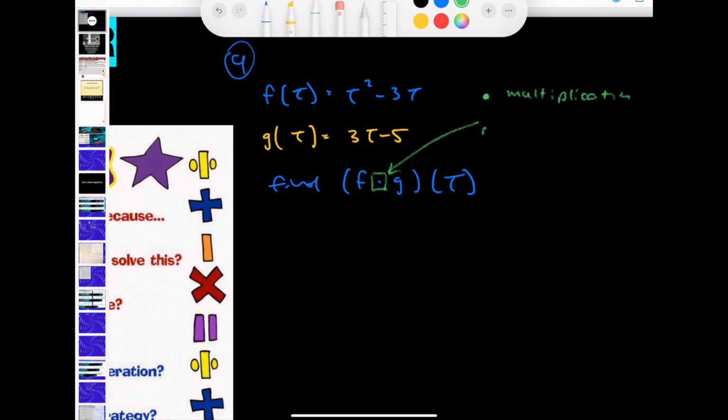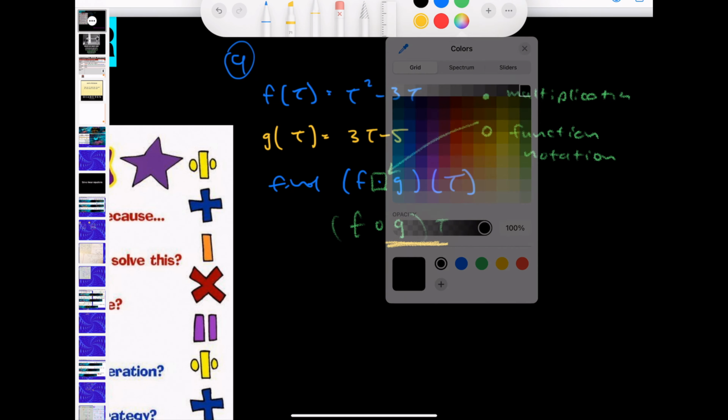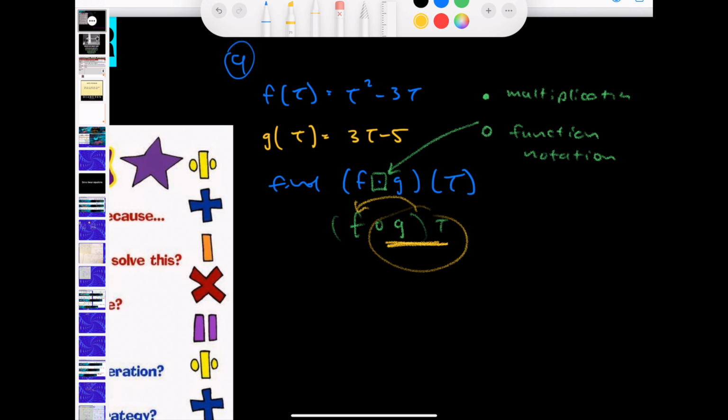If it's an open circle, this is your function notation, where if that was the case, it would have been something like this, f of g of t, and then you would do g of t goes into f. Well, this problem is just a dot, so it is just multiplication.